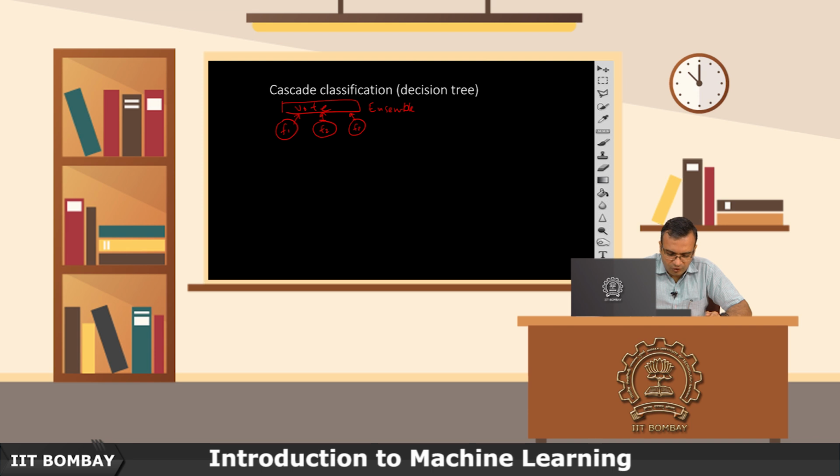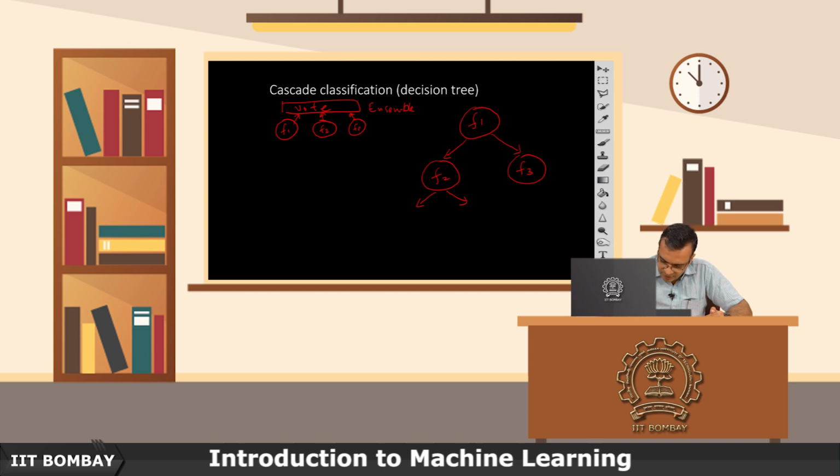In decision tree or in cascade classification, what we will do is we will first use classifier F1, and let it divide the data into, let us say, 2 classes or 2 different bifurcations, and we assume that this bifurcation is not perfect, at least for the test data. So, we will refine that using another classifier that will actually give you a better decision. It specializes on what comes to the left branch as opposed to what goes to the right branch using F1.